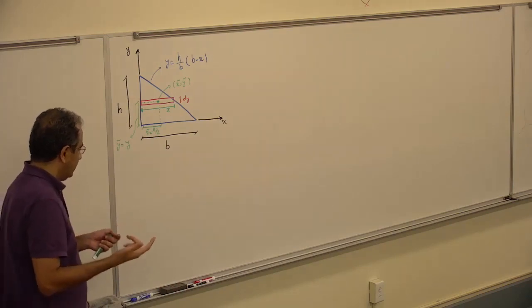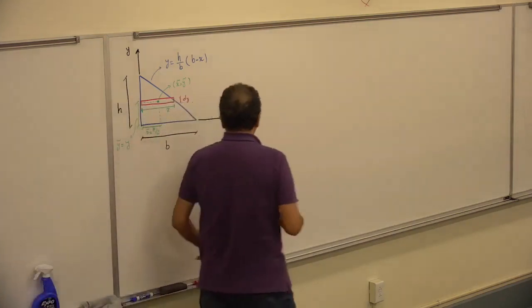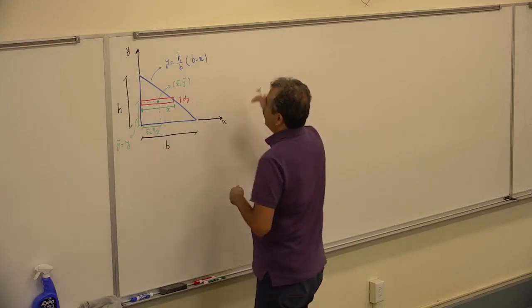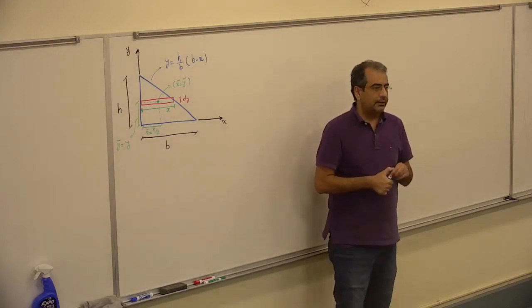So next, for the element, I want to write the equation. I have to find the x tilde, y tilde, and dA.